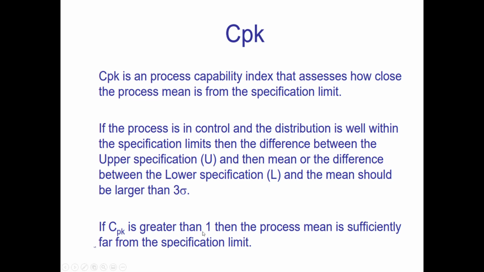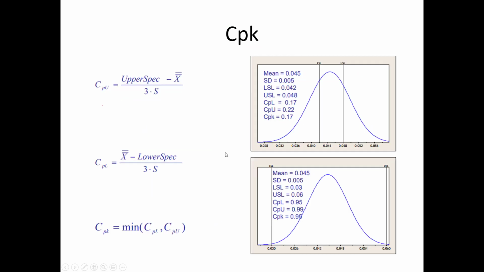If Cpk is greater than 1, then the process mean is sufficiently far from the specification limit. So you can see in this figure, our upper specification limit is this one and the lower specification limit is this one. So most of the area is outside the specification limit. So we can say that this process is not capable, because when you calculate the upper, upper specs minus x-bar, the mean, divided by 3 sigma, this is the formulation for Cpk for the upper.